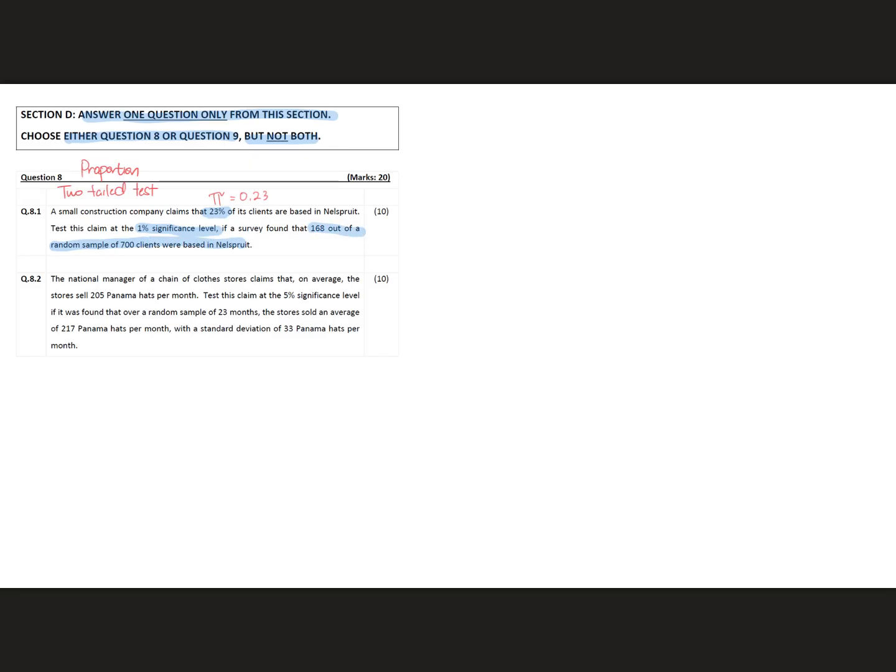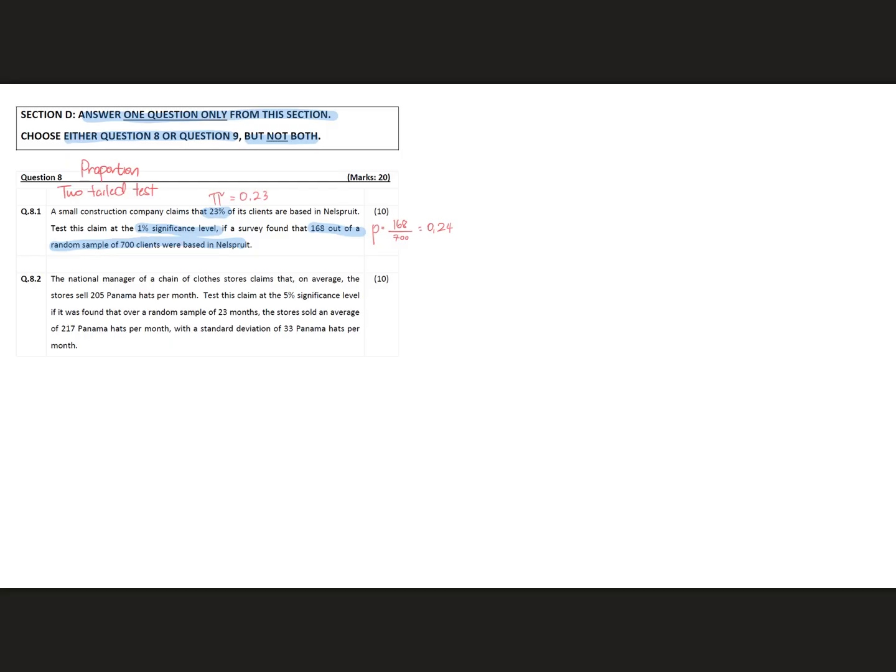Now, this 168 out of 700 is our value of P, which is the sample proportion. So we know the population proportion from the opening sentence, that was the 0.23. And now we know the sample proportion, which is 168 over 700, which as a decimal is 0.24.